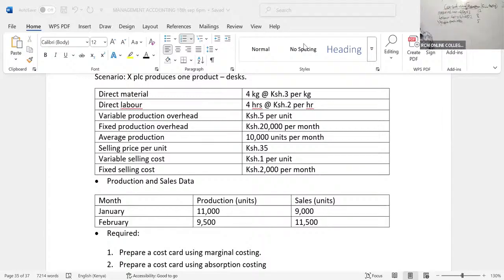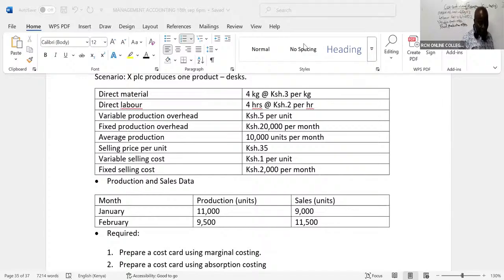So in this case, you must come and introduce the fixed production overhead.